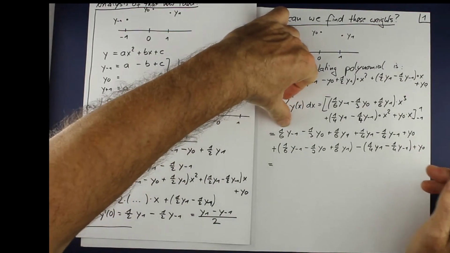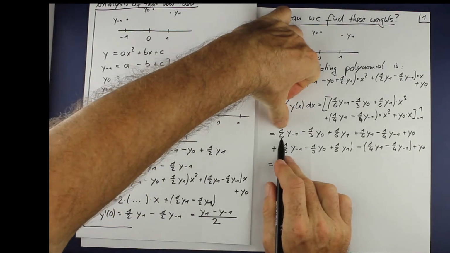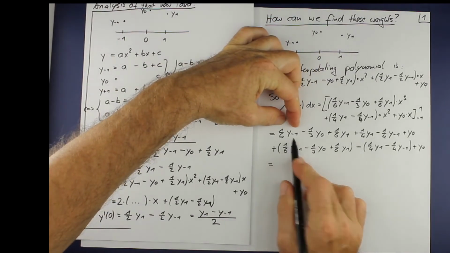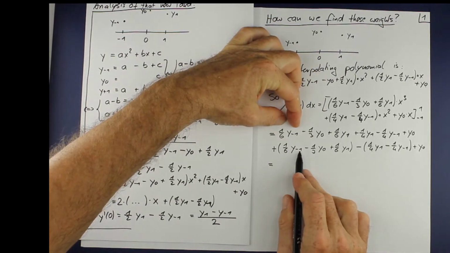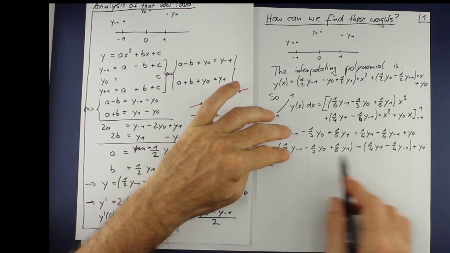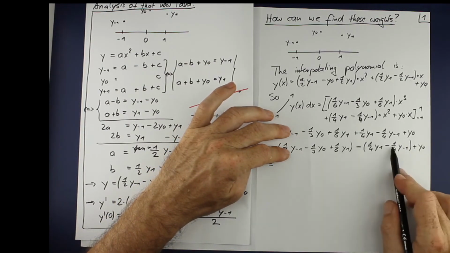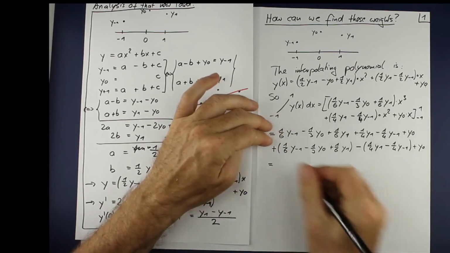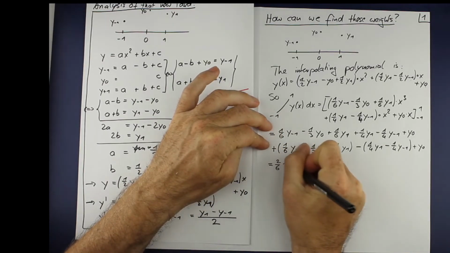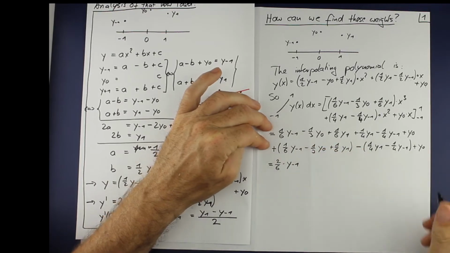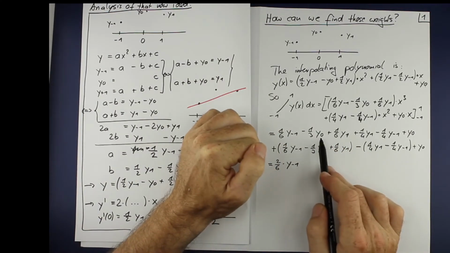And now let's collect 1 divided by 6, y-1. Once again is 2 divided by 6. And here we have minus a quarter, here we have plus a quarter. So it's 2 divided by 6 times y-1. Now let's collect the y0 parts.